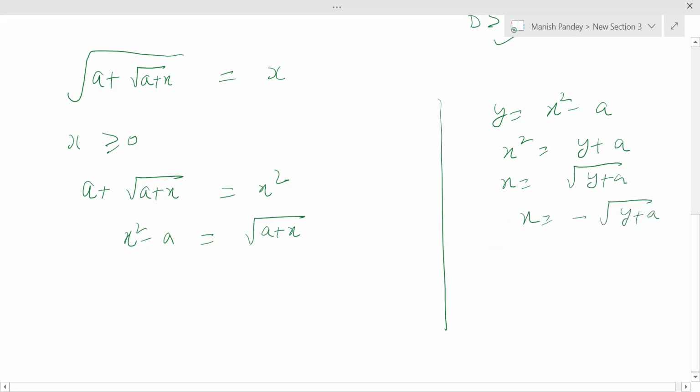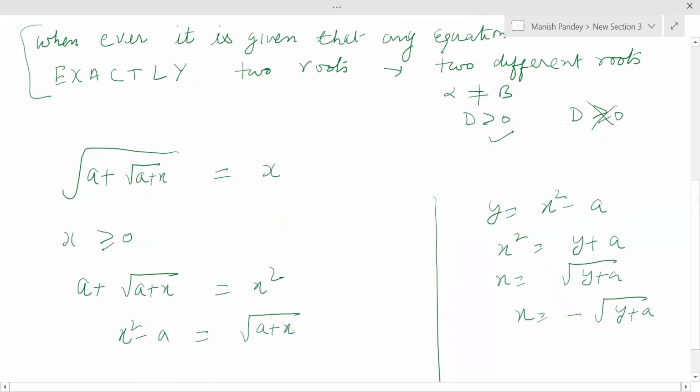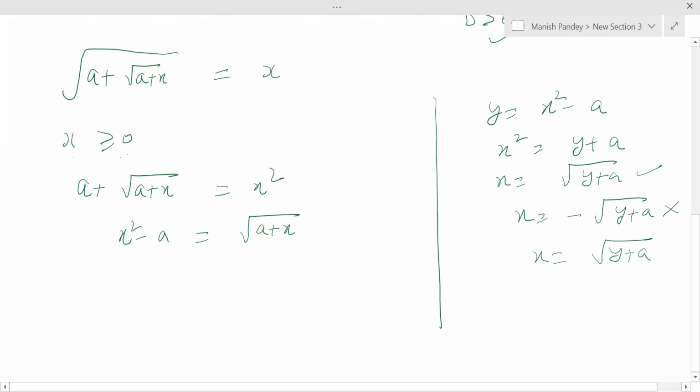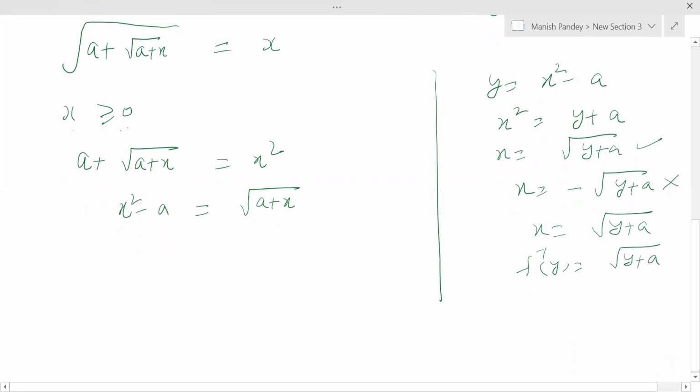But we have taken the condition x greater than or equal to 0, so the positive square root is selected and the negative is rejected. So x equals root of (y plus a), meaning f inverse of y is root of (y plus a). Replacing y by x, f inverse of x is root of (x plus a).